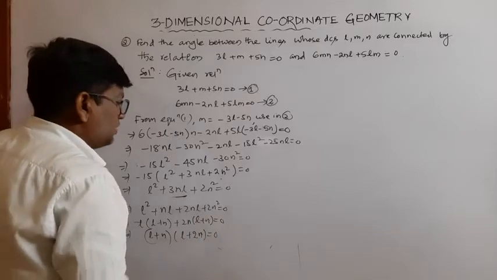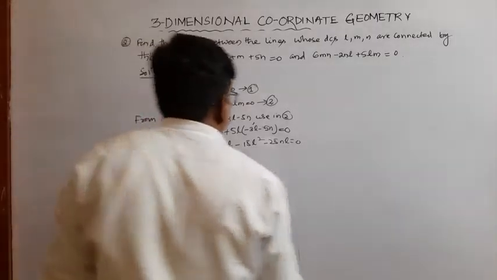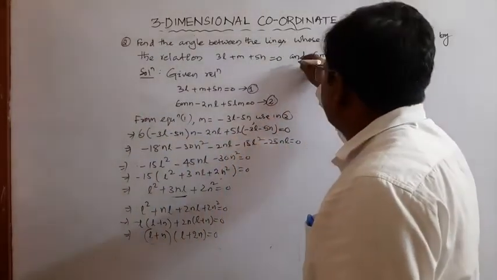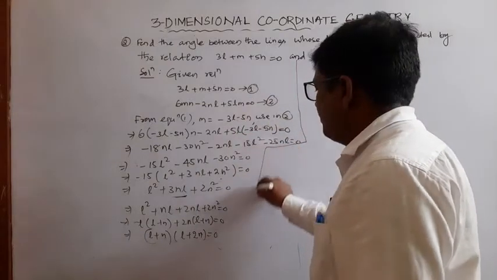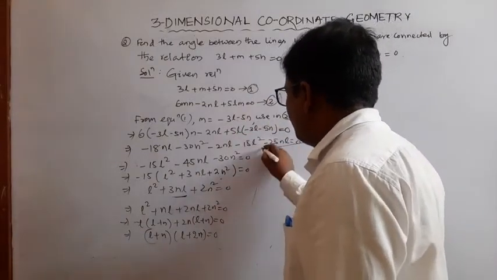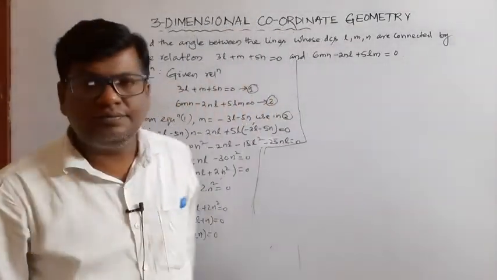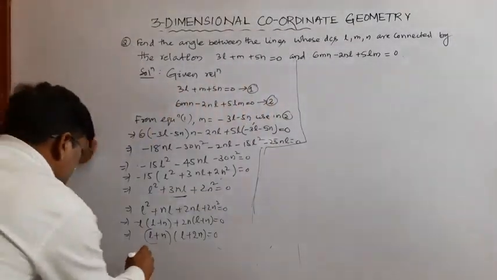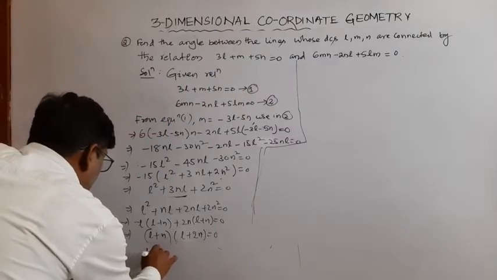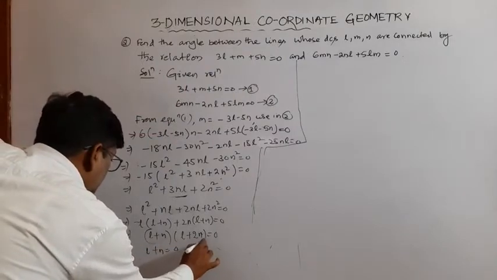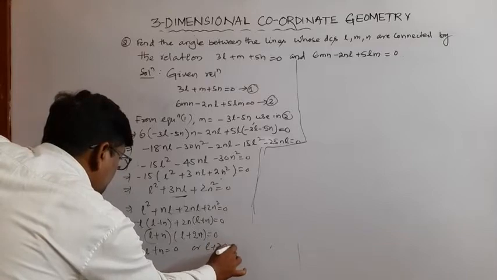Here two cases arise: L plus N is equal to 0, or L plus 2N is equal to 0.